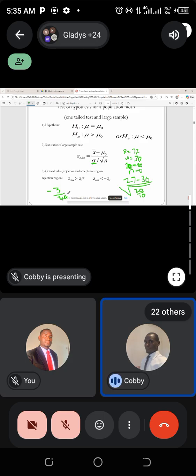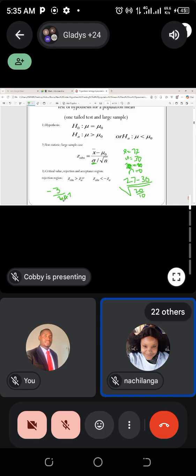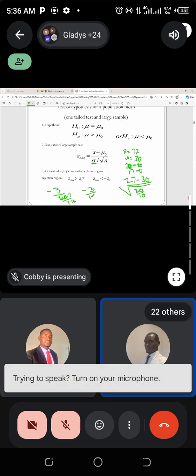Then the square root of 10 is 3.16. So this one is negative 3, and we divide 4.47 by 3.16. It gives us 1.41.